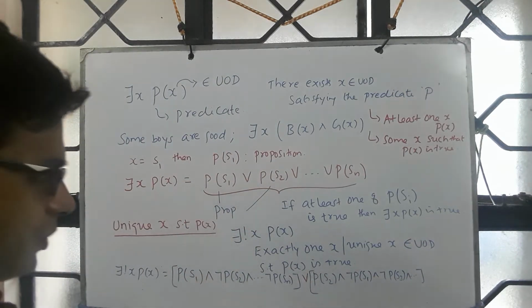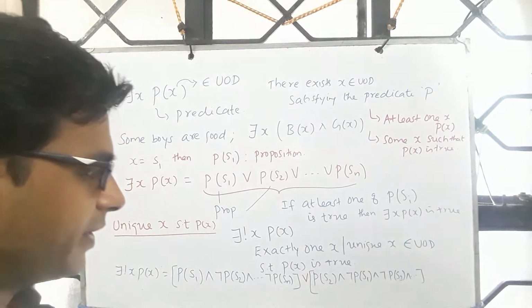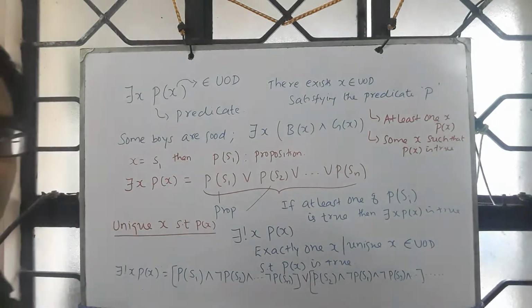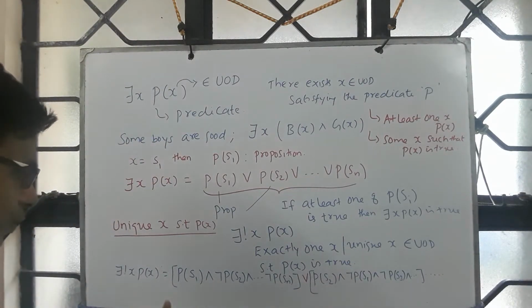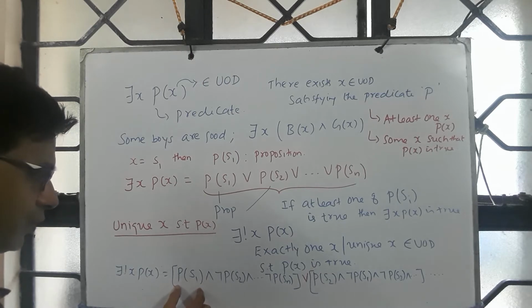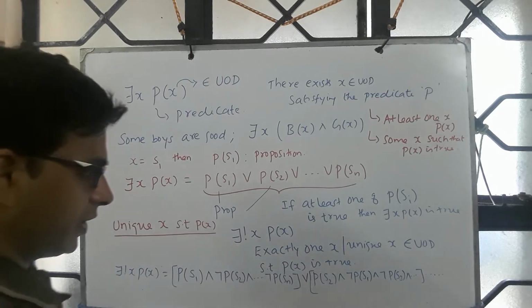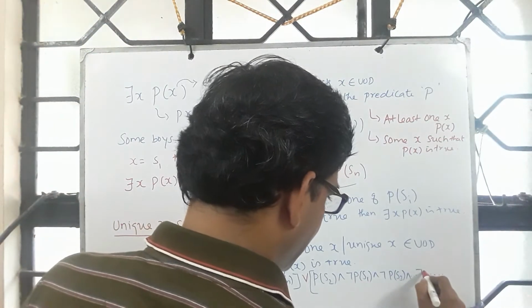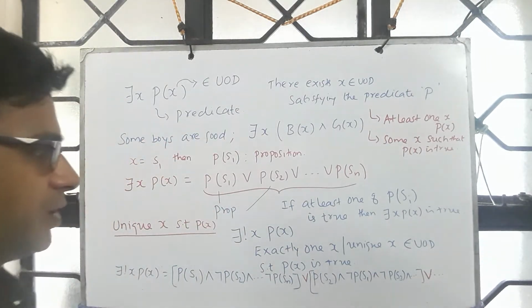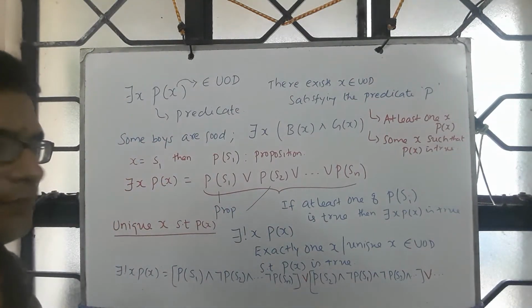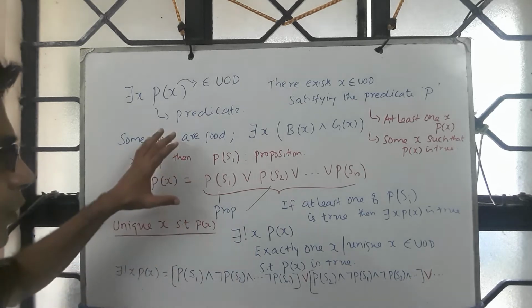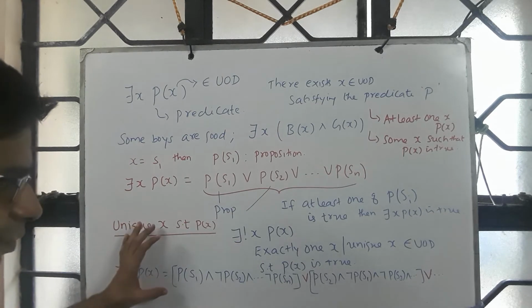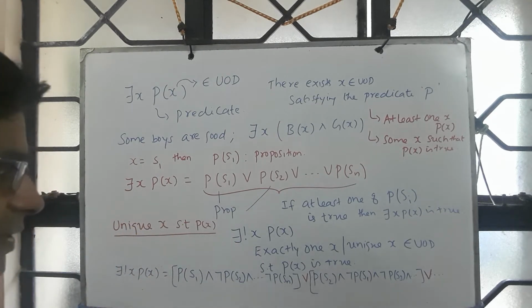Or it may be true with respect to the third element and false with respect to all other elements, and so on. Exactly one element is true. It may be the case that S1 is true, rest all false, or S2 is true and rest all false, or S3 is true and rest all false, and so on. So we have seen how to express at least one x such that p of x, and exactly one x such that p of x.